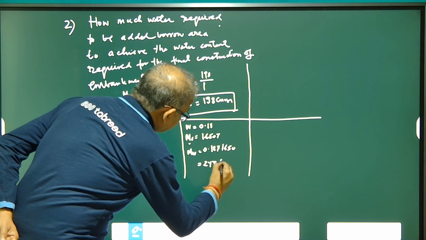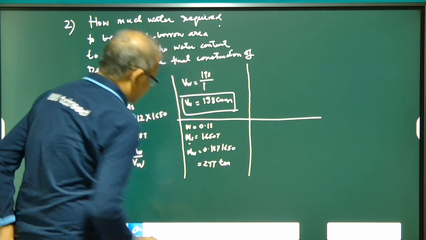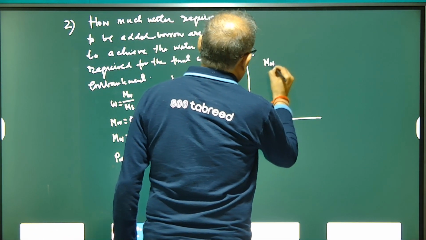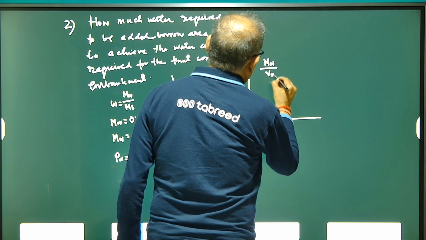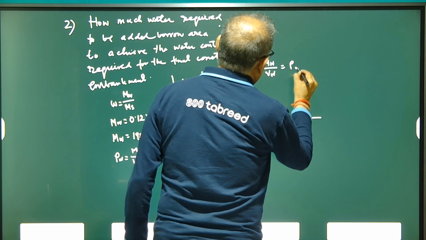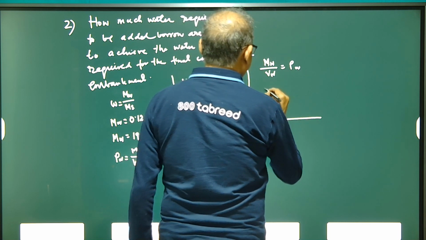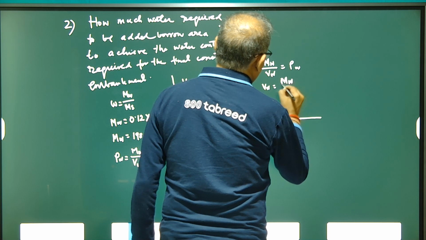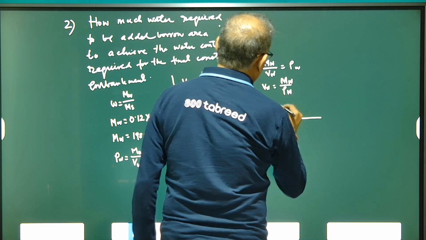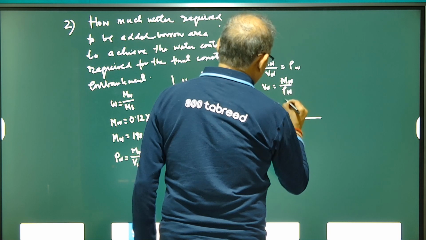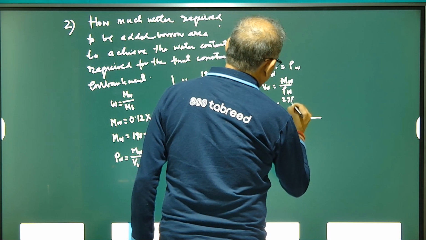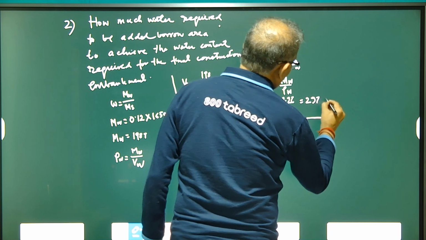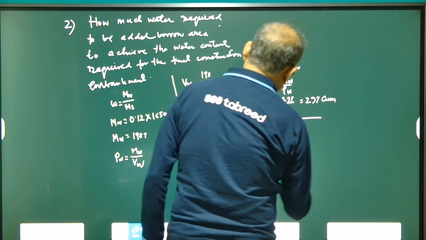Again, mass of water upon volume of water is density of water. Now we need to know volume of water. So volume of water will be equal to mass of water upon density of water, which is 1 ton per meter cube, so 297 divided by 1, equal to 297 cubic meter.